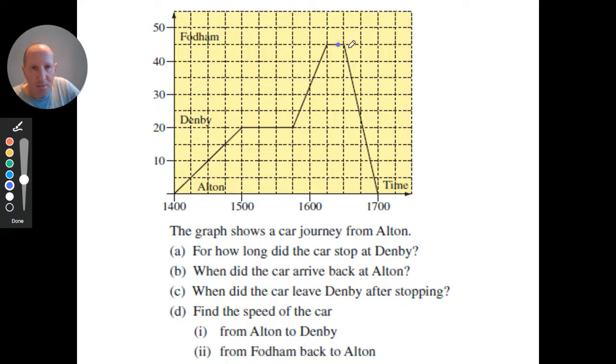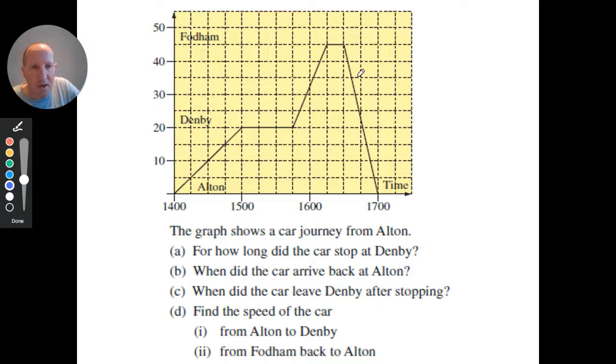So here's Fordham back to Alton. So this time, if you want to be strictly correct, you could say that's minus, when we talk about minus gradients. But in most cases, you're okay just taking that as a positive speed, because we're not being really picky about what the direction of the speed is.